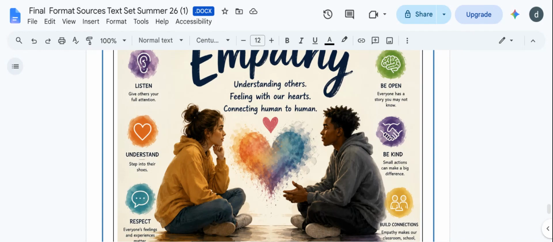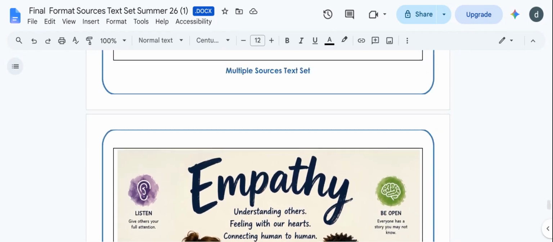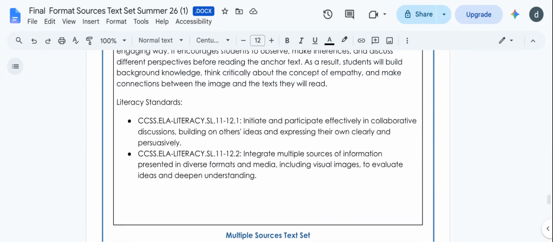It has a lot of layers that we can talk about, and here it's showing love, showing patience, showing connection, feelings, and all this can be defined as empathy, you know. So the literacy standard here is that students initiate and participate effectively in collaborative discussion, building on others' ideas and expressing their own clearly and persuasively. Thank you.